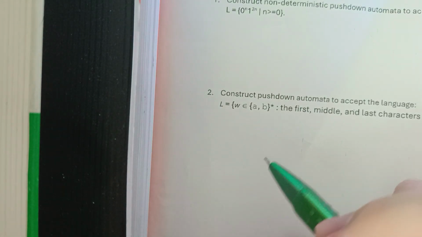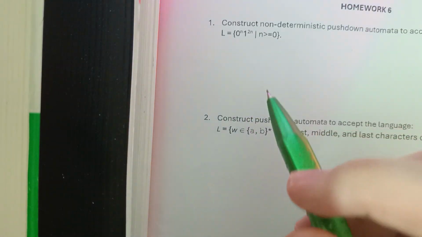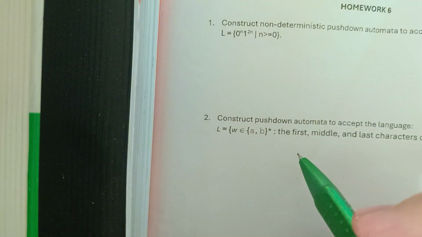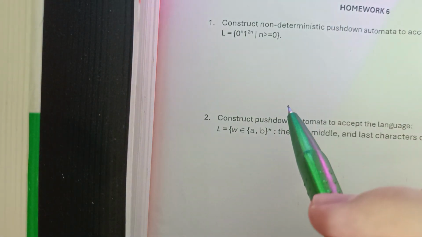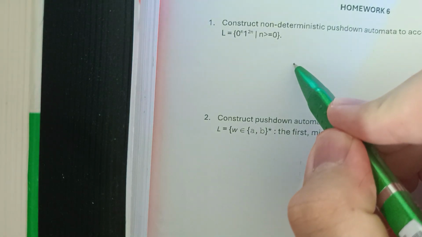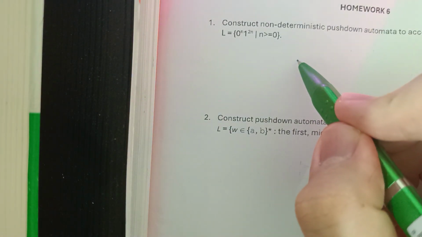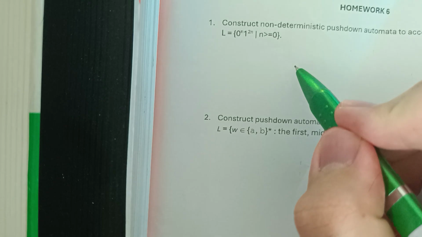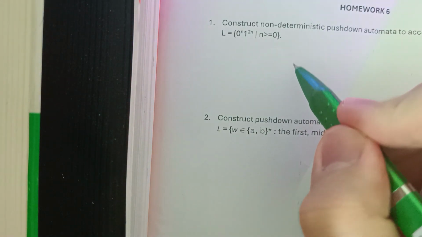Language 0 and 1, multiplied by 2, I can say that is a returning cycle here. Let's start with Q1.